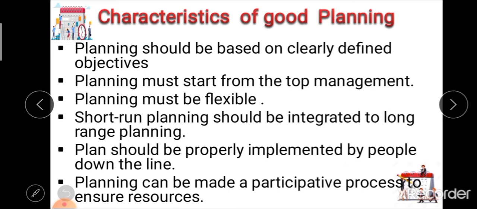Whatever plan you prepare, it must be properly implemented. The next characteristic is that planning can be made a participative process to ensure use of resources. That means planning must be a participative process that can involve all the available resources.